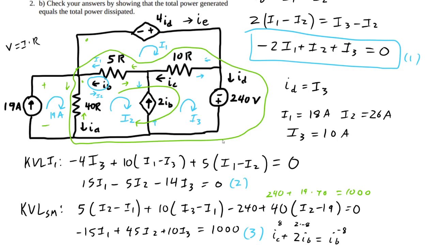So IA is 7 amps. And then 7 amps times 40. So 7 times 4 is 280.